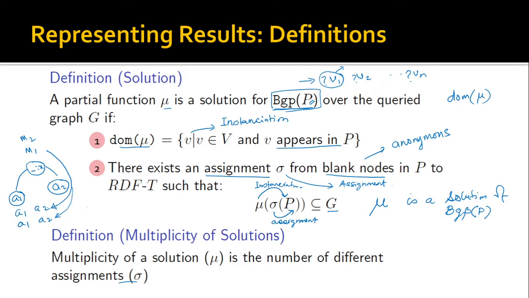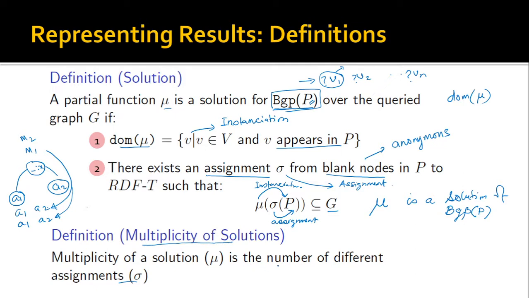So that brings us to the concern that a solution can be repeated and there would be multiple instances of the same solution in the result, and that is what we call the multiplicity of the solution.